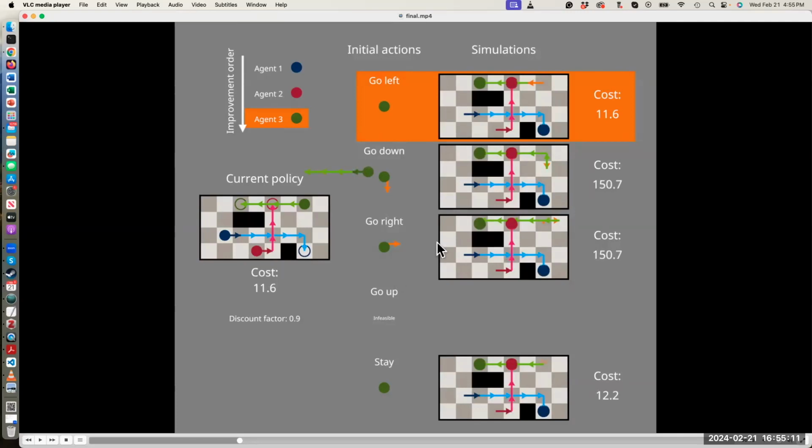Okay, so this is a one-step look at multi-agent rollout, involving a one-step lookahead minimization, right? So we just branch out the control options for each agent for one step.